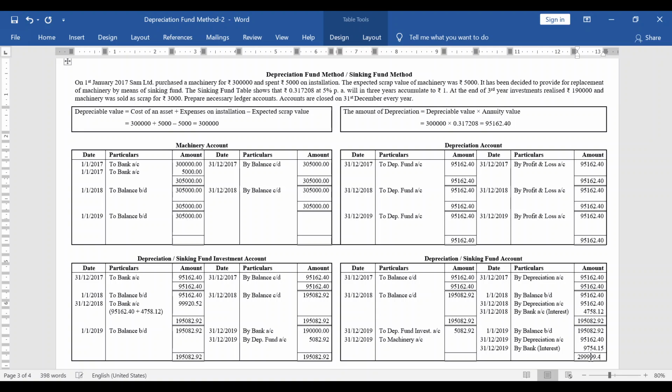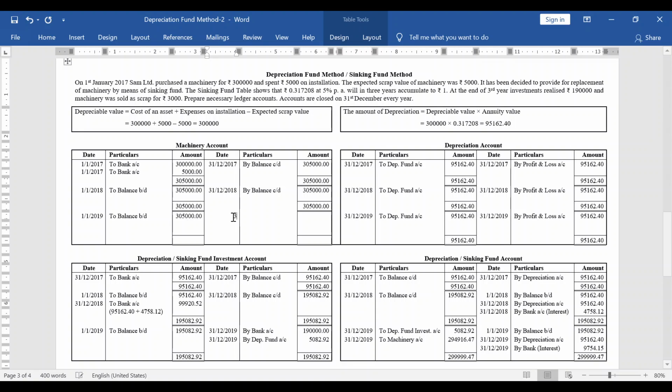In this case, depreciation fund account is showing a balance of 2,94,916.47. For all practical purposes, this indicates an accumulated depreciation on machinery. And the accumulated depreciation is transferred to machinery account by passing an entry depreciation fund account debit to machinery account.